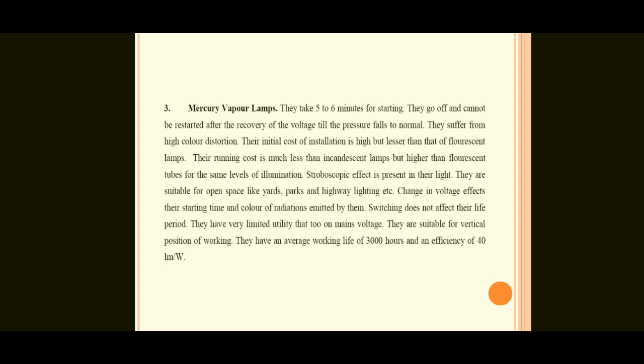They suffer from high color distortion. The initial cost is high but lesser than that of fluorescent lamps.